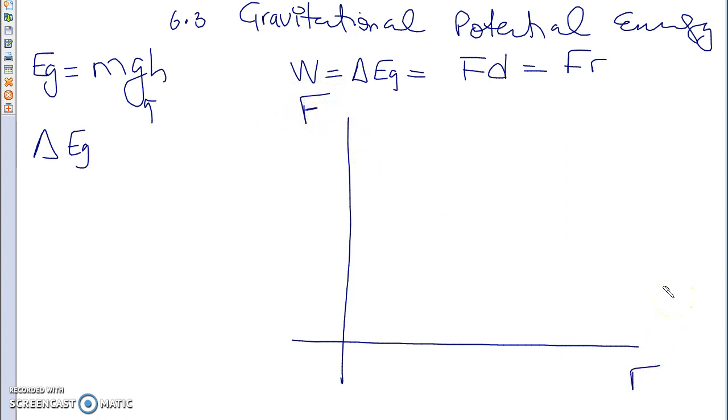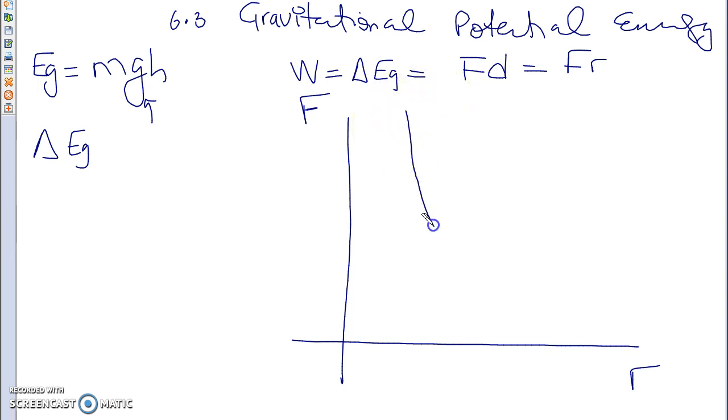I'm just going to show you how you get it, and at the end of the day, we'll work with the final product, but at least you'll know where it comes from. So we know that work is change in energy, meaning it takes work for the object to move from its maximum gravitational potential energy to a minimum gravitational potential energy. There was a change in the energy, so there was some work required in moving this object from far away to closer.